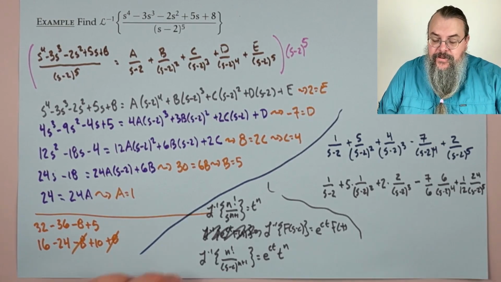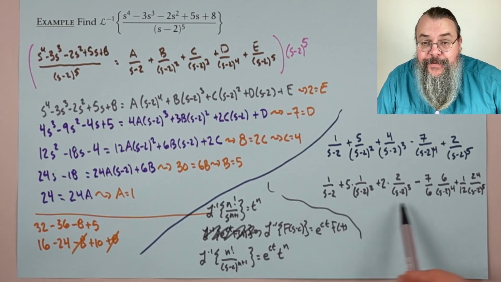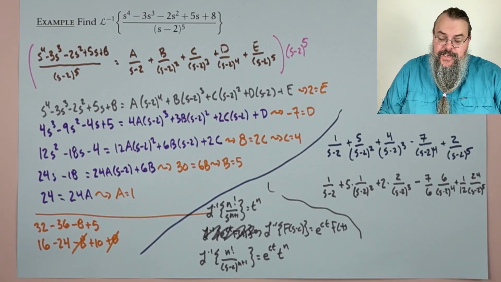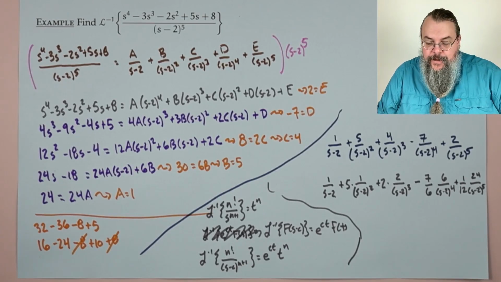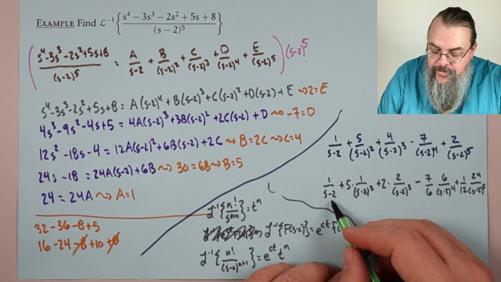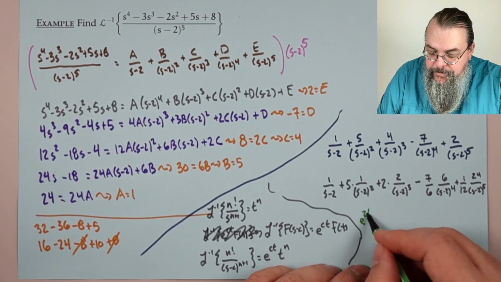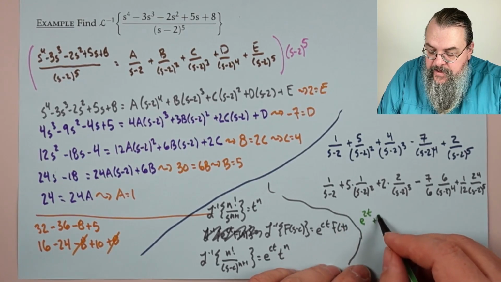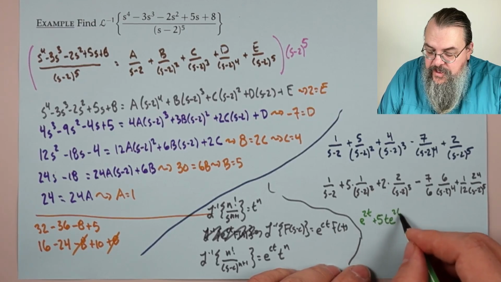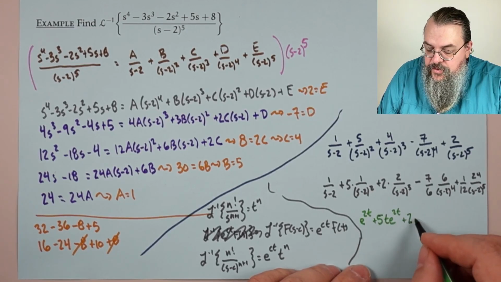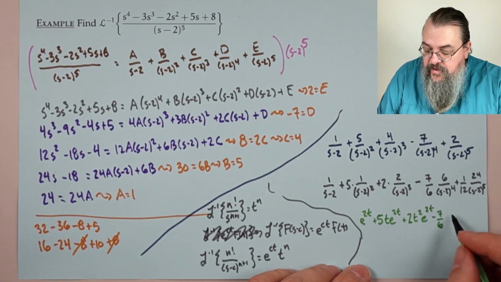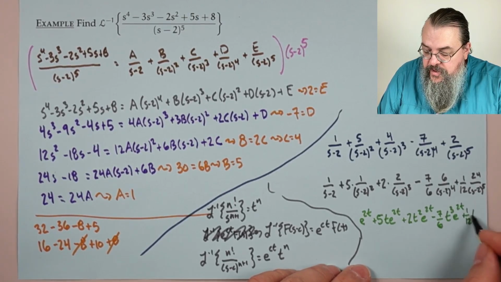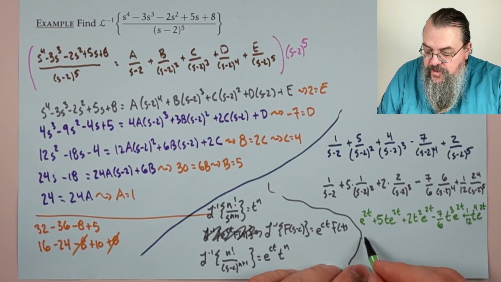All right, so now the key is to take the inverse Laplace of that expression. And if you do that, you get the following. Namely, you're going to get e to the 2t times: 5t e to the 2t plus 2t squared e to the 2t minus 7/6 t cubed e to the 2t plus 1/12 t to the 4th e to the 2t.